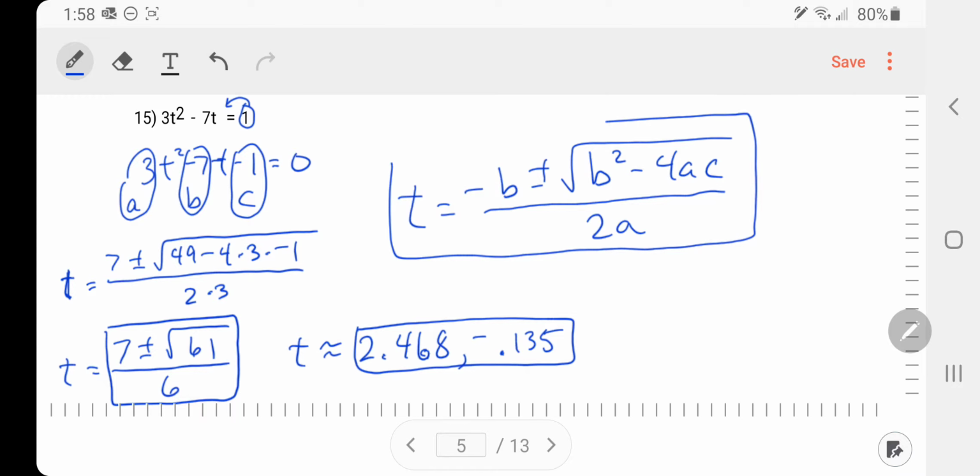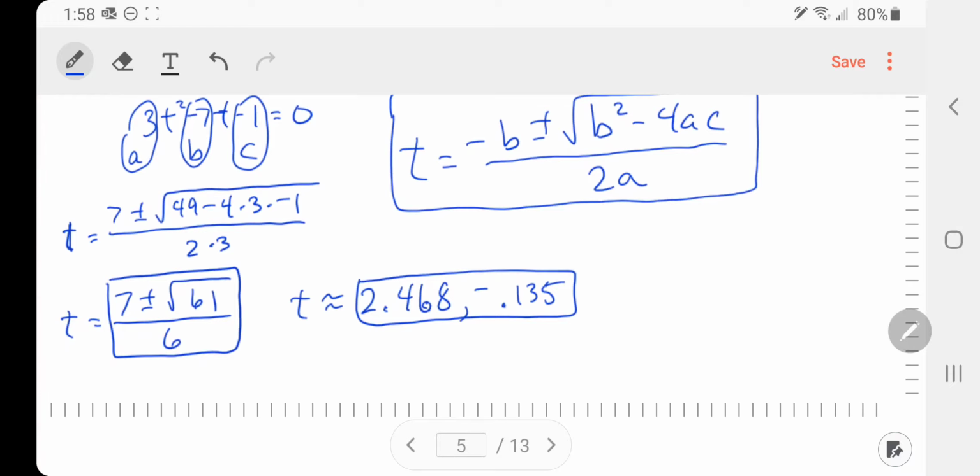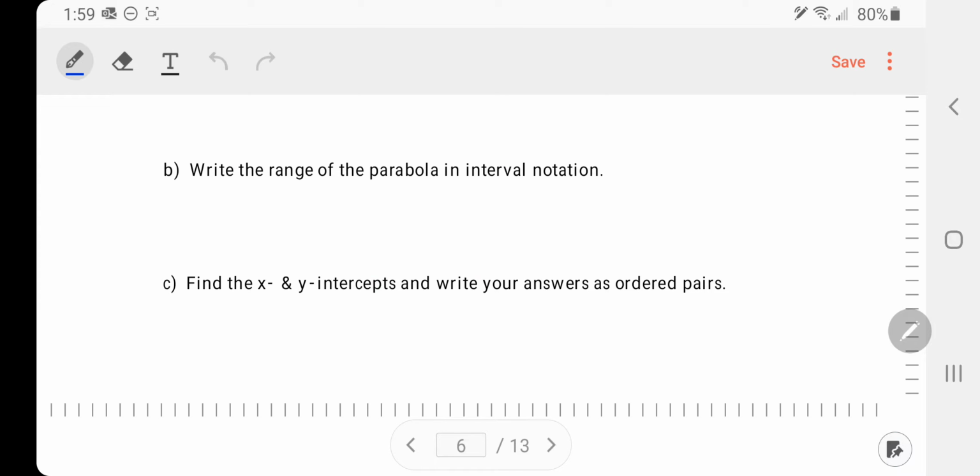Just in case you need it. Excuse me, I don't know what's wrong with me today. But there is the quadratic formula, and there's all the supporting work showing how to get the exact and the approximate solutions. And that's the end of page 5. Let's go to page 6.